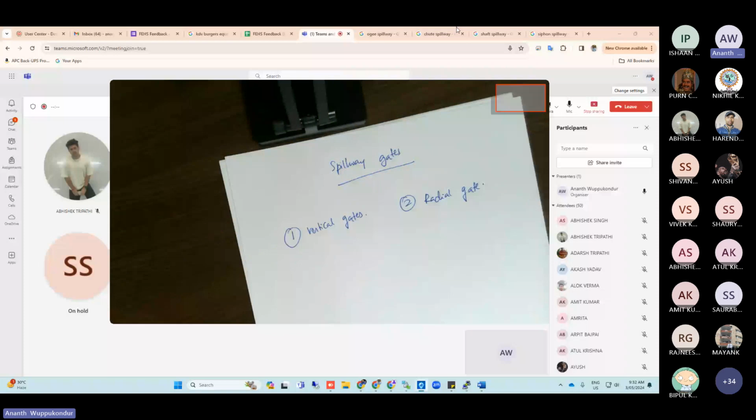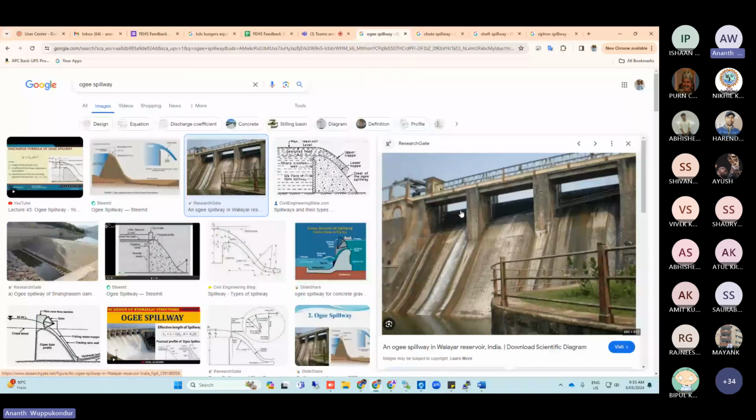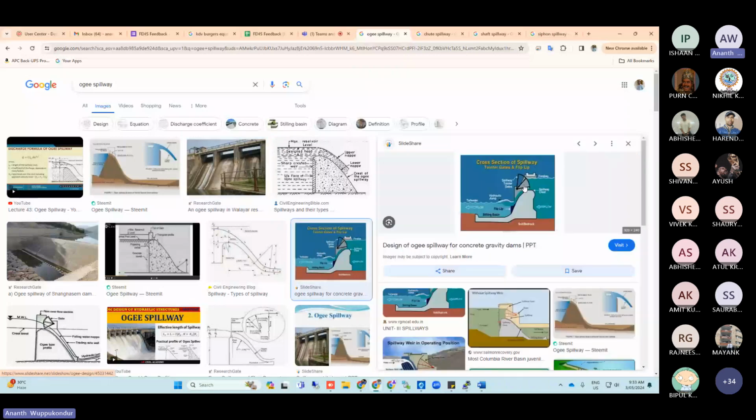So here you see it looks like a radial gate. So this is what the radial gate looks like. It is curved, so this is not vertical. To discharge the water, you would raise the radial gate and then discharge the water. Whereas the vertical gate would be simply vertical in section. If you're seeing it from the side, it would just look like a vertical face. So these are the two types of spillway gates.